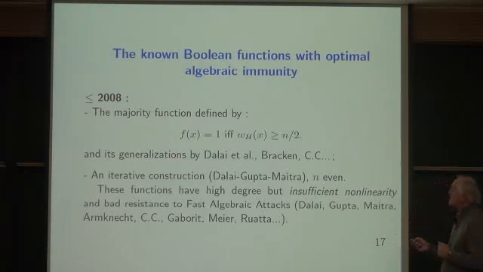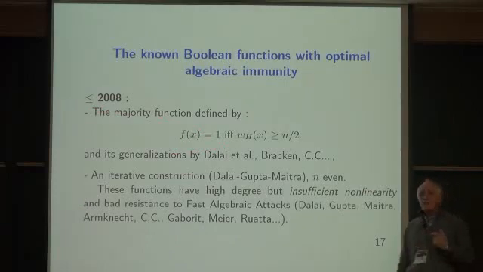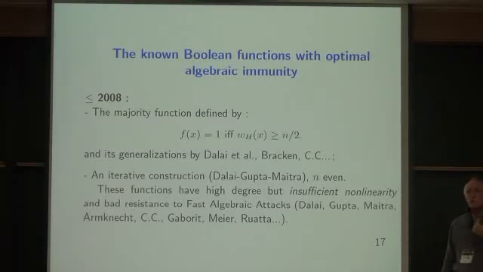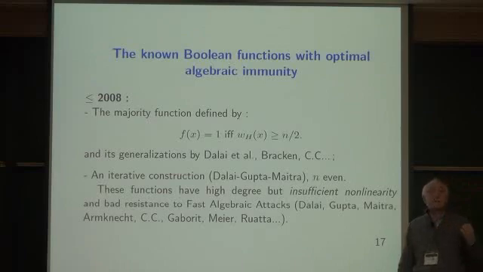first the majority function. In fact, this was finding again something known, because it's possible to see that the algebraic immunity is related to the capacity of correction of a code over the erasure channel. So this notion of algebraic immunity had been already studied by people working on the erasure channel in coding.